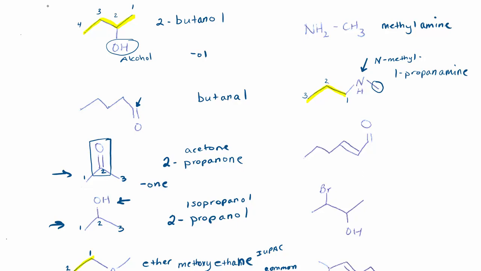Now here we have a compound that has 2 different functional groups. We have an alkene, so we have a double bond, and we have this aldehyde. Now, typically when we would name an alkene, we would put E-N-E as opposed to A-N-E for an alkane. And then when we have an aldehyde, we would add the A-L. So which functional group is going to get the ending? Well, the answer is the most oxidized.